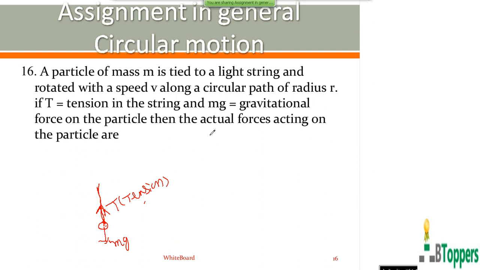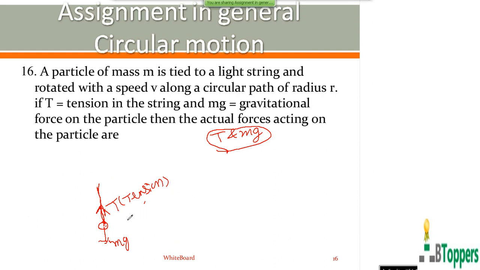So only T and mg are the real forces or actual forces which act on the particle with respect to the laboratory frame of reference, which we consider as inertial frame of reference. Centripetal force should not be mistaken as one of the forces acting on the particle.